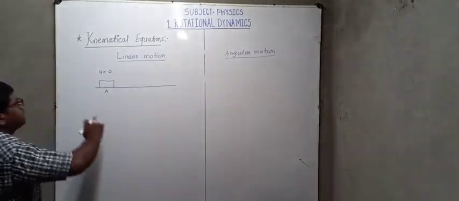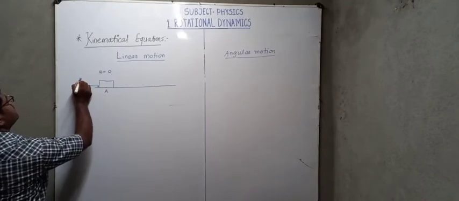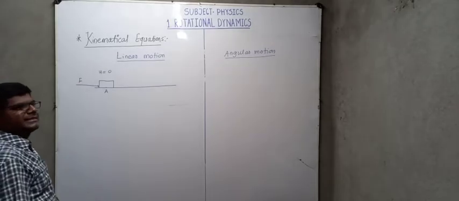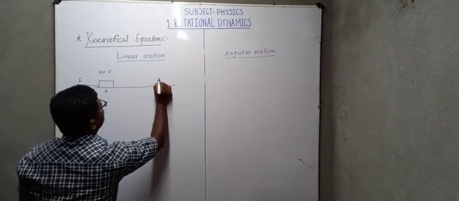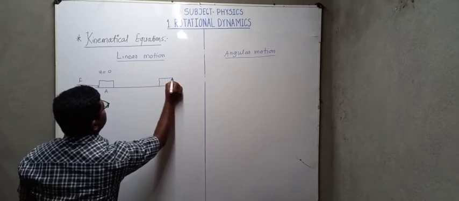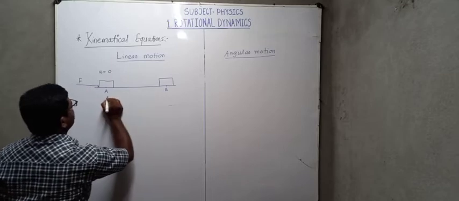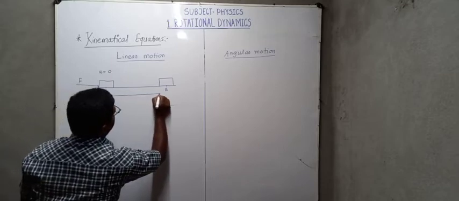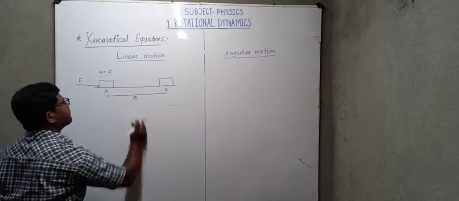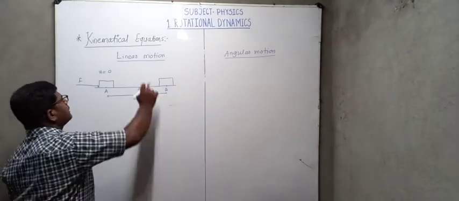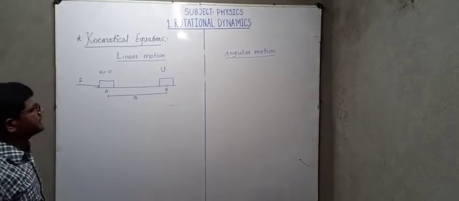And when we apply an external unbalanced force to this particle, or we can say body, it reaches up to point B by covering displacement S. Here the velocity of the body is v.